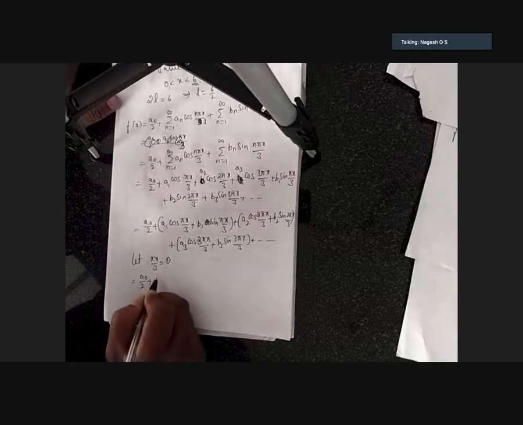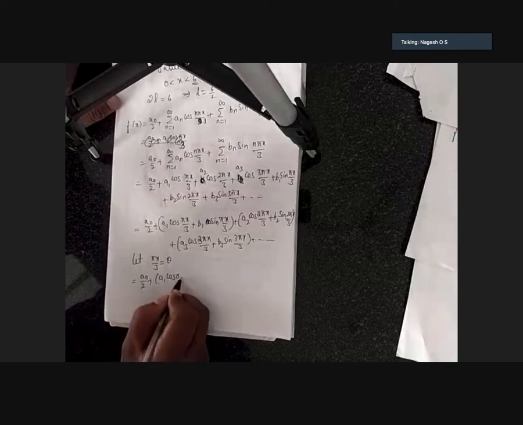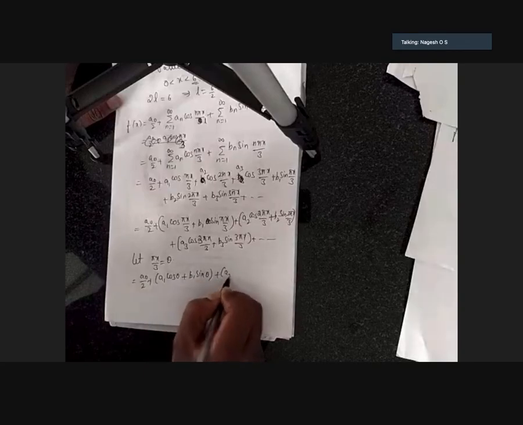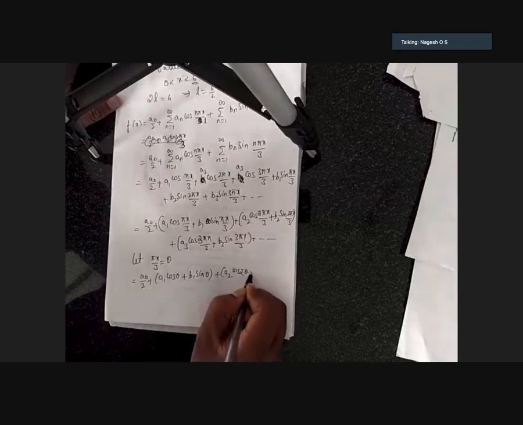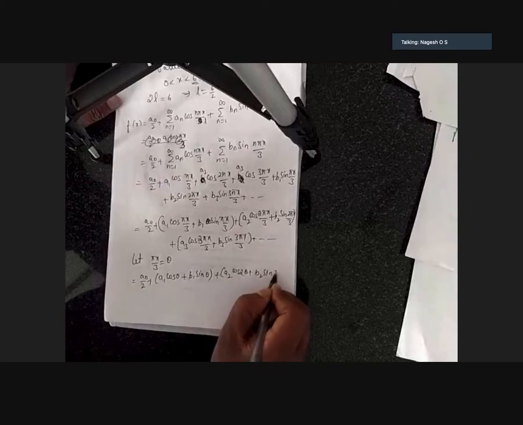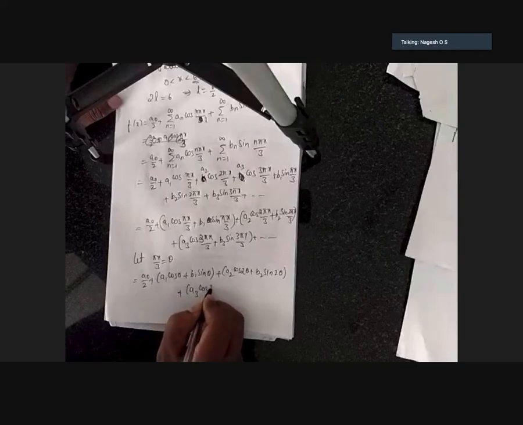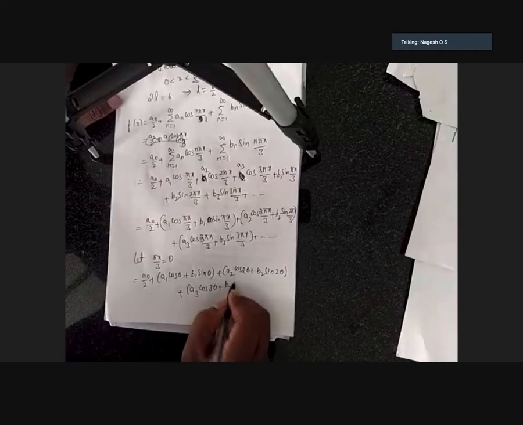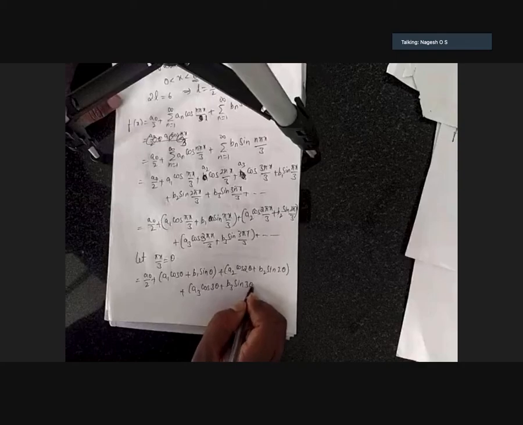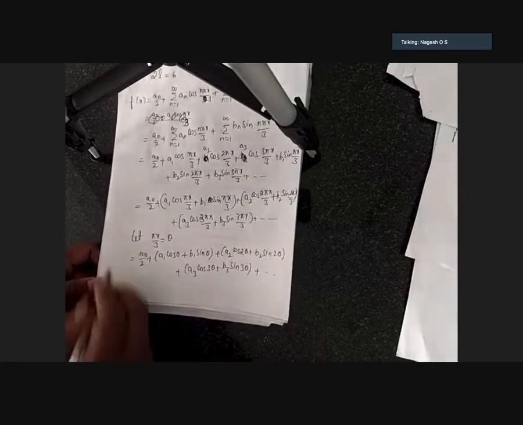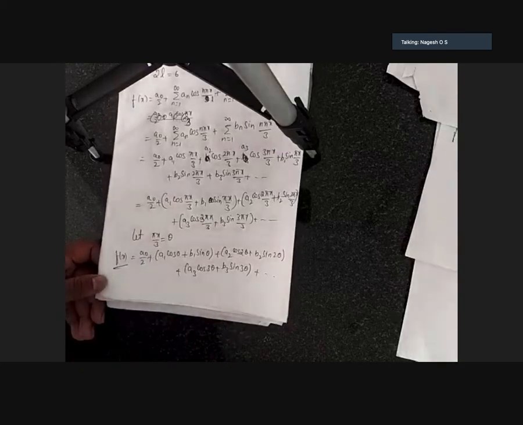A naught by 2, a1 cos theta plus b1 sin theta plus a2 cos 2 theta plus b2 sin 2 theta plus a3 cos 3 theta plus b3 sin 3 theta plus so on. Okay, this is f of x or y.